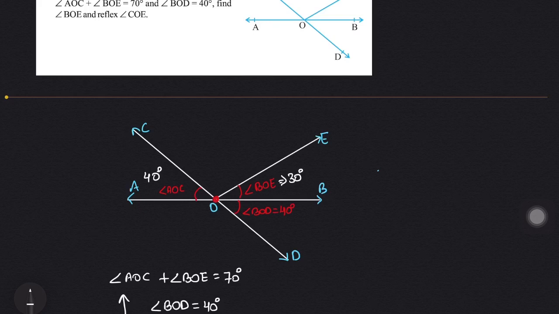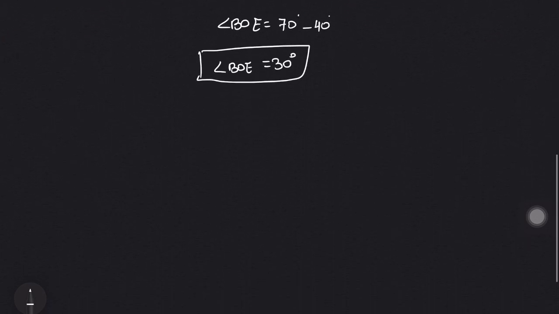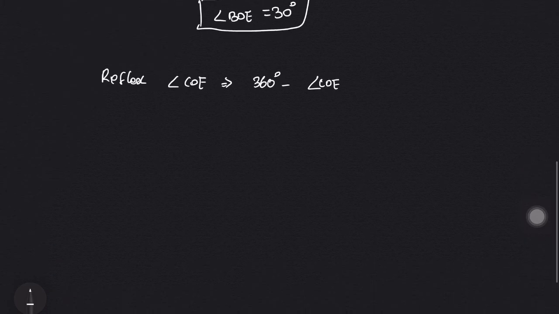So what is the reflex COE? Reflex means 360 minus. So reflex angle COE is equal to 360 minus angle COE. So what is the angle COE? We need to find.